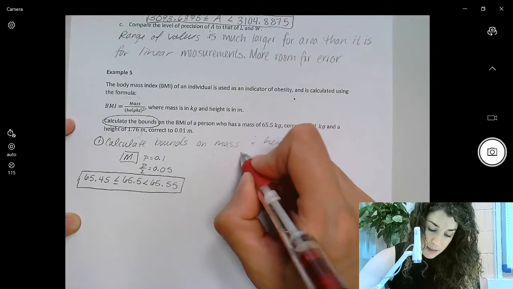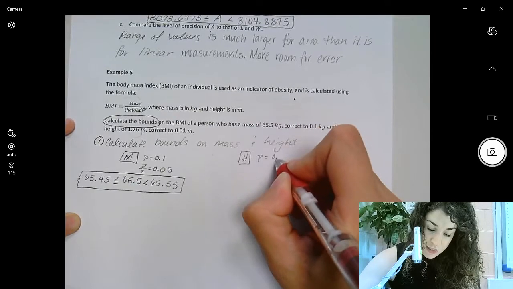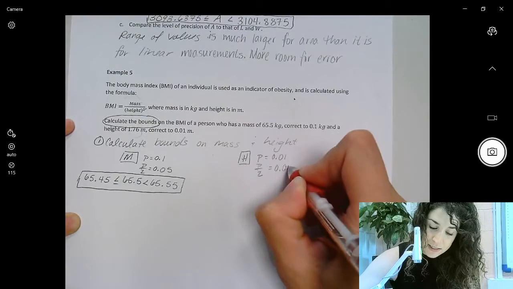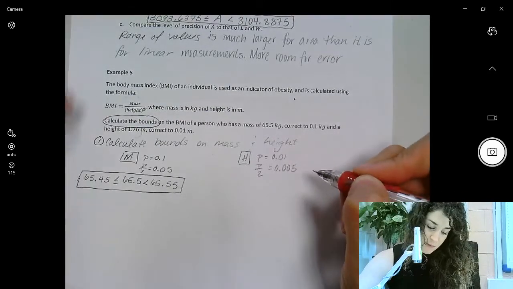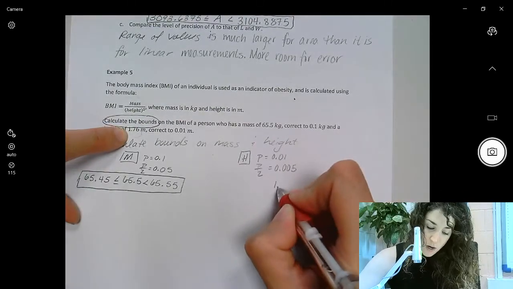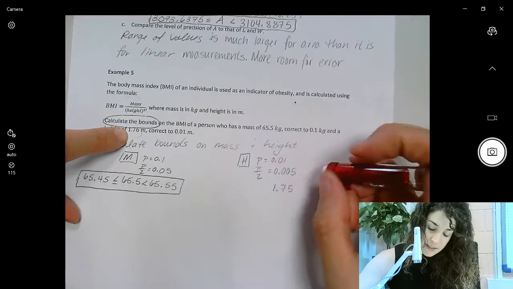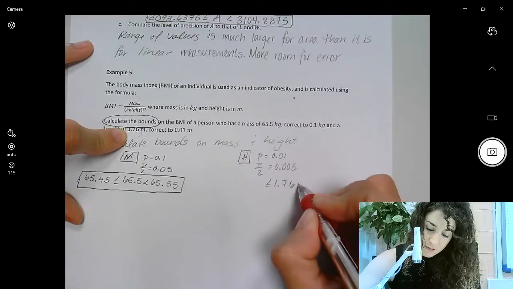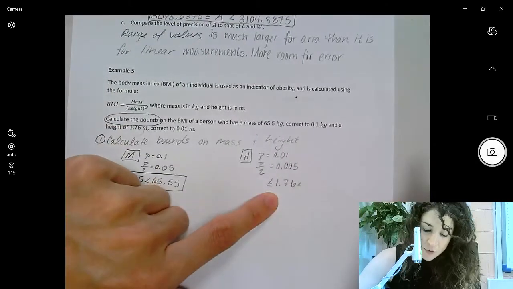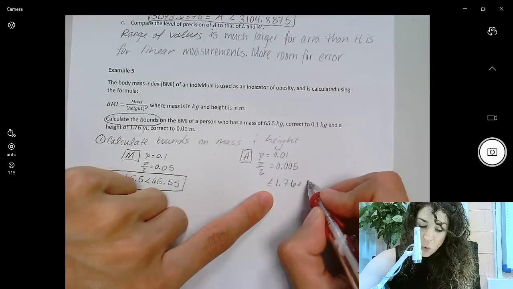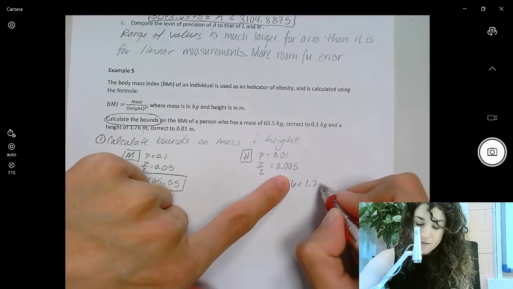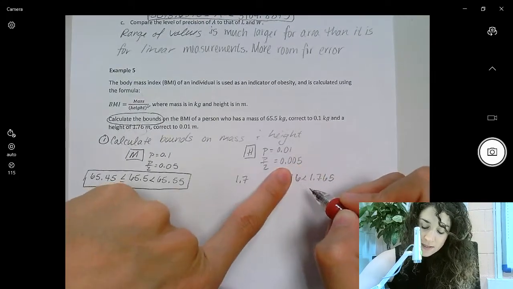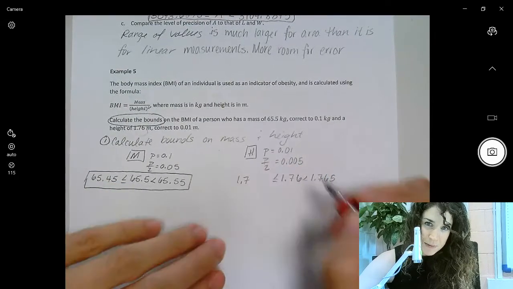On our height, our level of precision is 0.01, which means that P over 2 is 0.005. So our height is 1.76. So you add and subtract 0.005, or I do 1.7, and then think of this as 60. So I do 65, 1.7, and then 60 minus 5 is going to be 55.